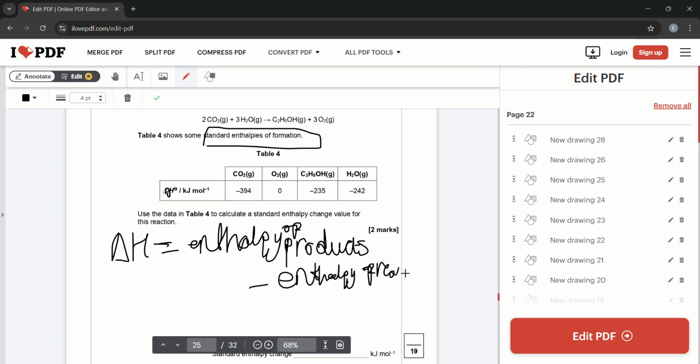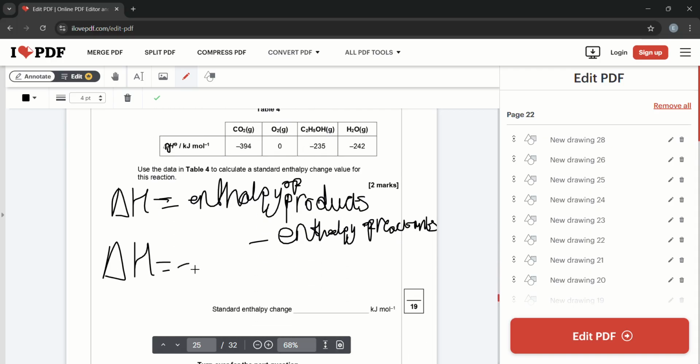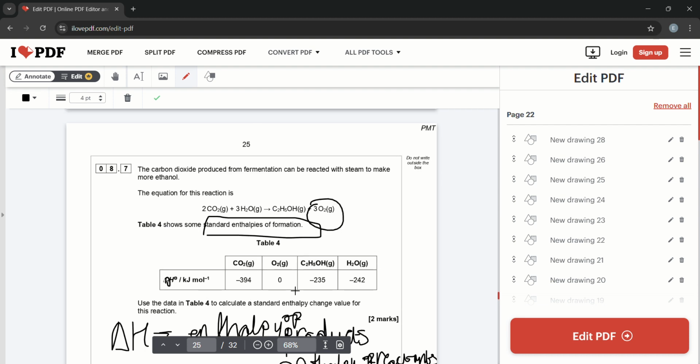So we're going to get delta S equals C2H5OH, minus 235, plus 3O2, which is obviously 0 because oxygen is an element by itself.